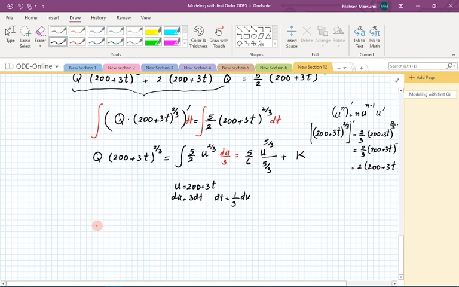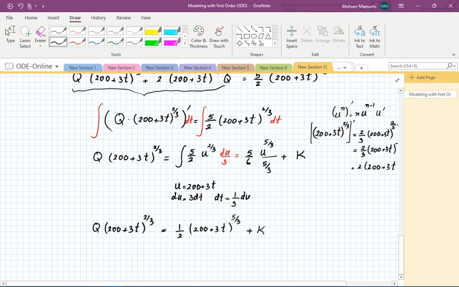So let's clean this up. I have Q times 200 plus 3t to the power of 2/3. Right hand side, 5 and 5 cancel. 6 and 3 gives me a 2. So I'll have 1/2 of u itself, which was 200 plus 3t, to the power of 5/3.